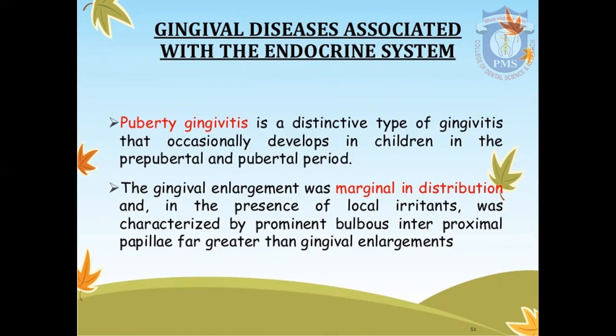The proportion of Prevotella intermedia correlated with the levels of plasma estrogen and progesterone, and in vivo evidence indicates that these hormones are nutrients for Prevotella intermedia. Thus, it is characterized by pronounced inflammation, bluish red discoloration, edema, and enlargement, which result from local irritants that would ordinarily elicit a comparatively mild gingival response.